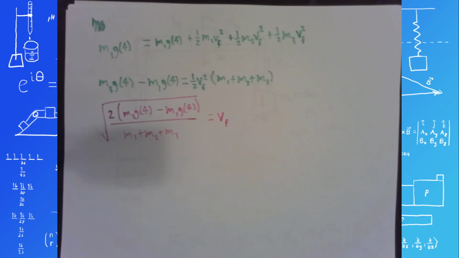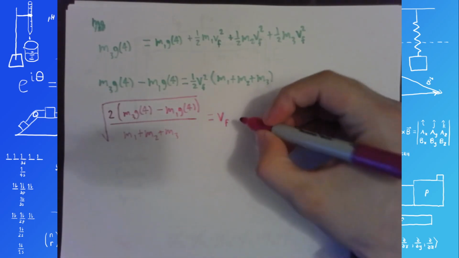Let me see, did I copy all those numbers incorrectly? 5 times 9.8 times 4, and 15 times 9.8 times 4. All of that looks good to me. Did I remember to close those parentheses? Yes, I did. Then we are good to go.